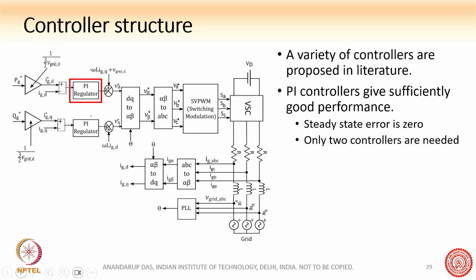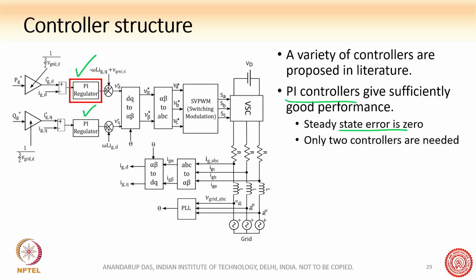So again, the next step is this PI regulator. As you can understand, there are two regulators, one for the control of the P and one for control of the Q. We usually use PI controllers. It gives us sufficiently good performance. One advantage of a PI controller is that the steady state error is 0, and we will need only 2 controllers.